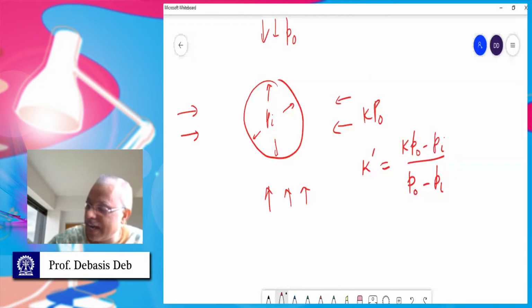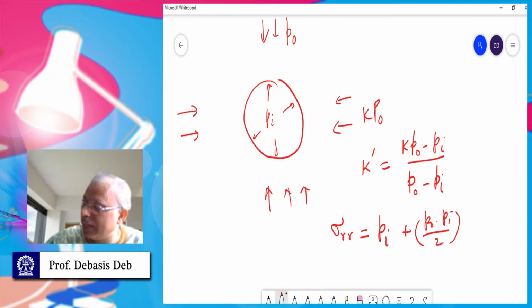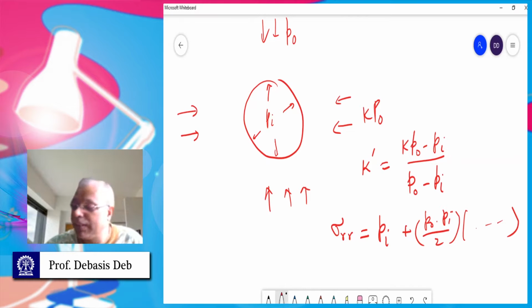And in the sigma RR or sigma theta theta equation, there is a Pi added, and plus P naught minus Pi by 2 and all this is there. So there is a Pi which is added.